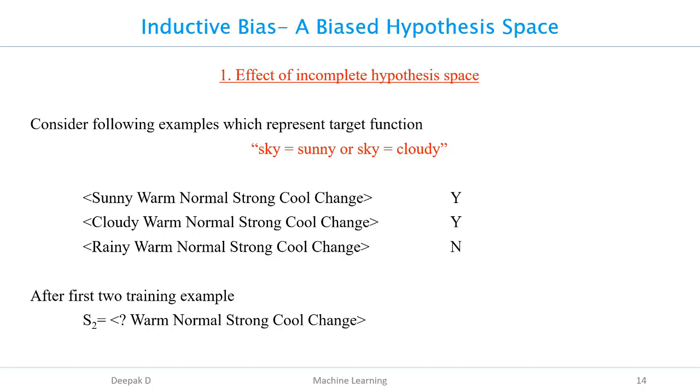To discuss this, let's consider an example, the EnjoySport concept. In this example, we restrict the hypothesis space to include only conjunctions of attribute values. Because of this restriction, the hypothesis space is unable to represent even a simple disjunctive target concept such as sky equals sunny or sky equals cloudy.